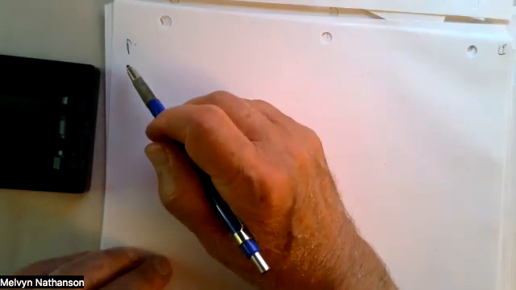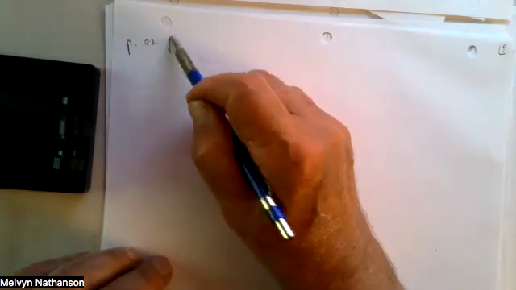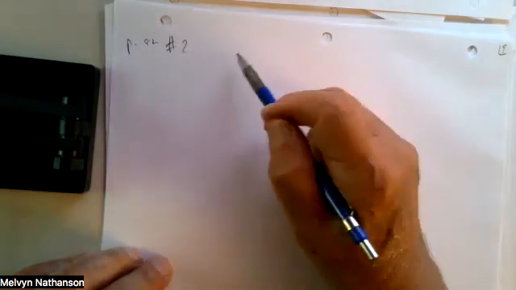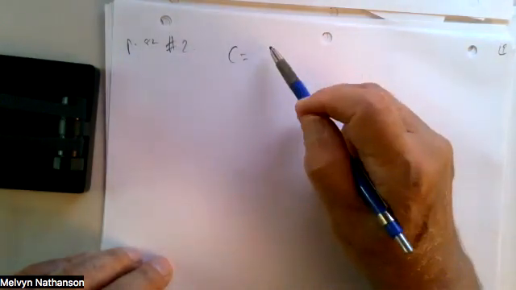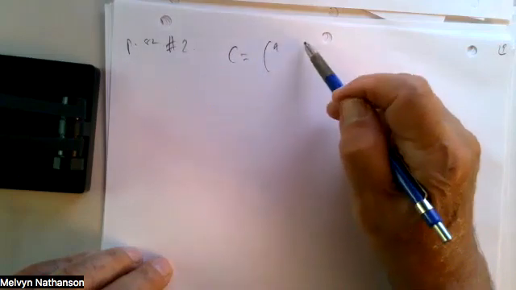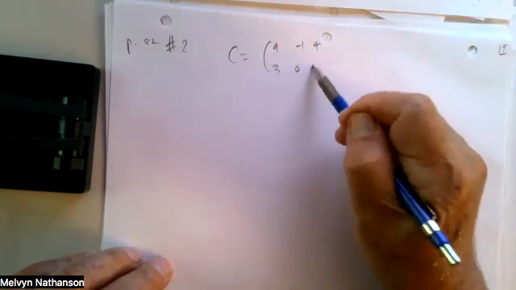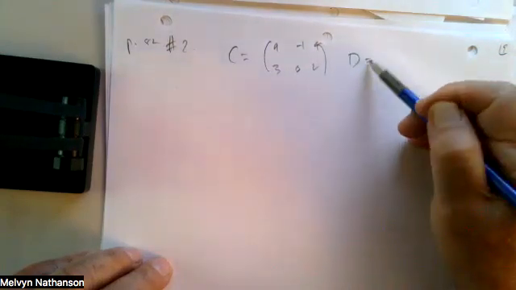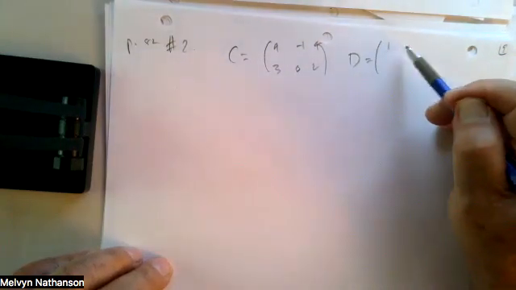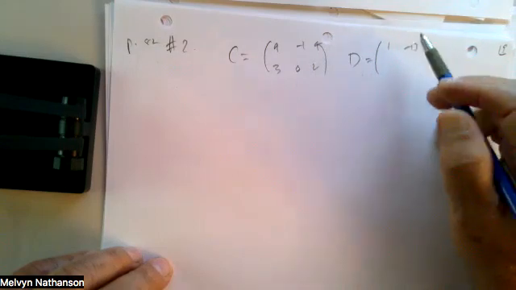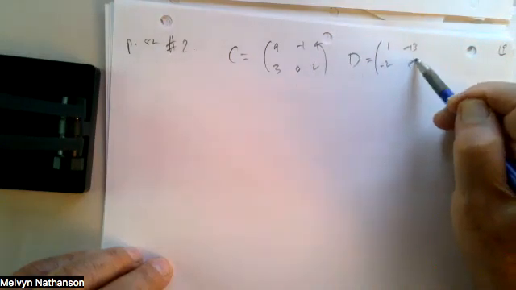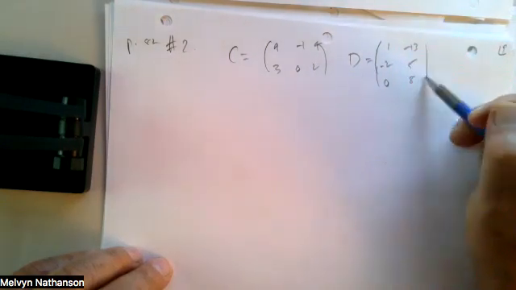All right. Let's go back to page 82. Look at number 2. Here we have 2 matrices, C, which is 9, -1, 4, and 3, 0, 2, and a matrix D, which is 1, -13, -2, 5, 0, and 8.